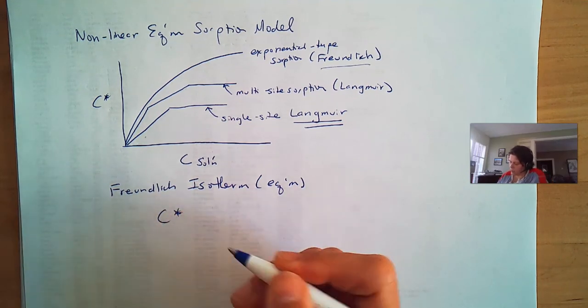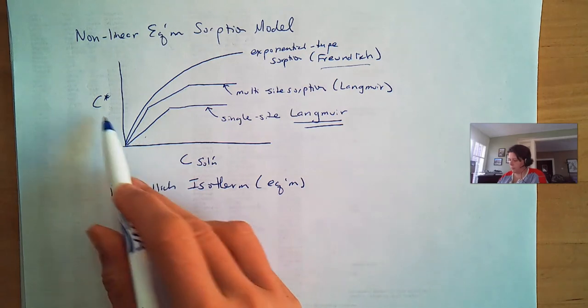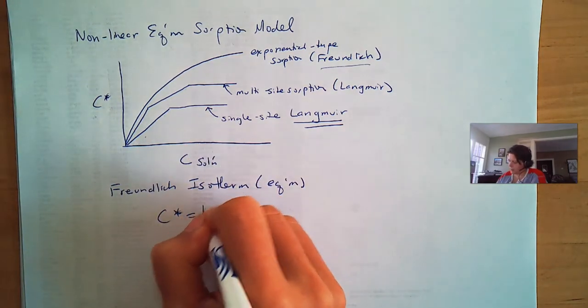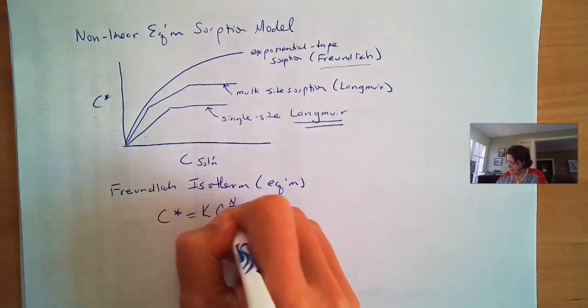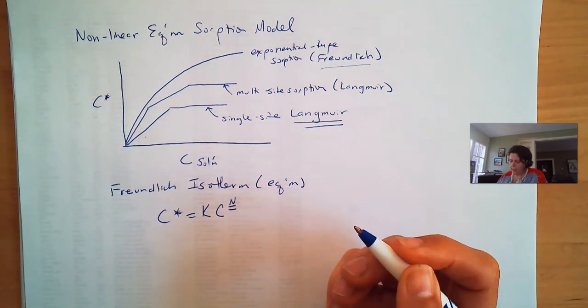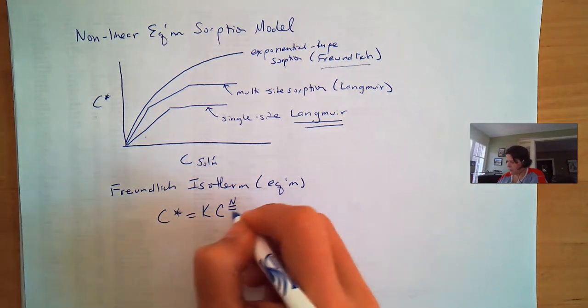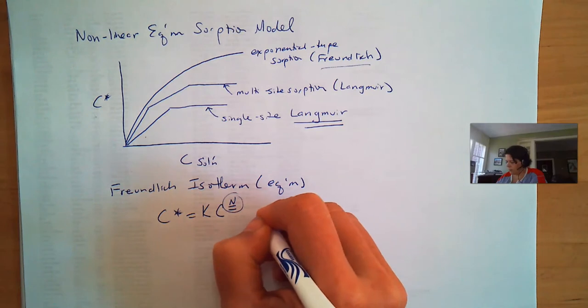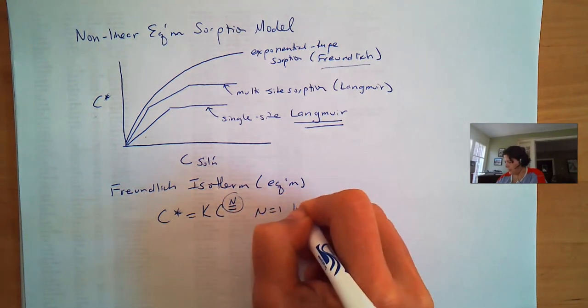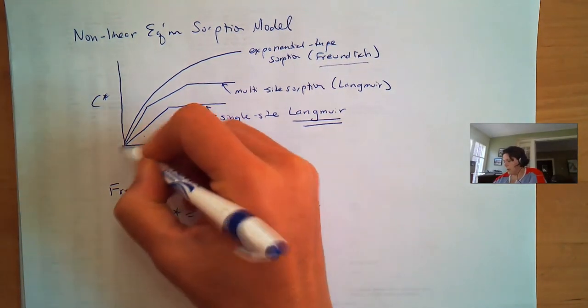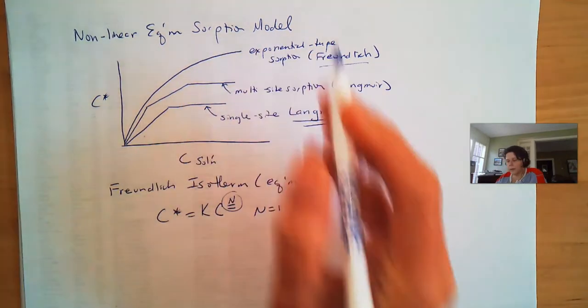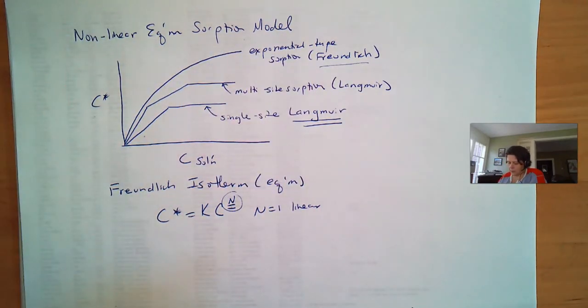So our concentration inside over here, absorption equals K C to the n power, which is the exponential function. Note that if n equals 1, then it's linear. But you get this exponential look in here.